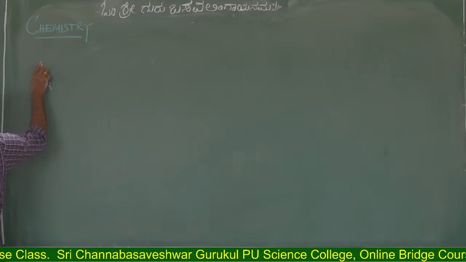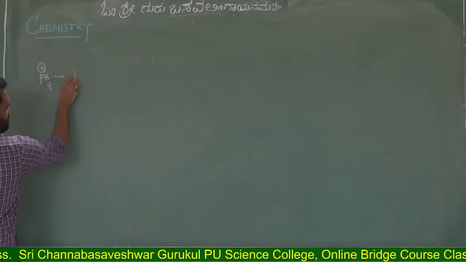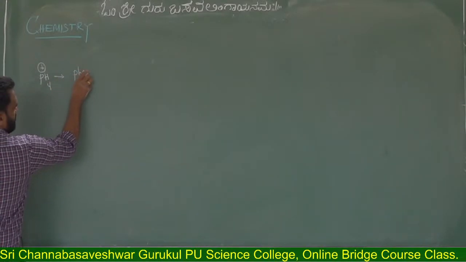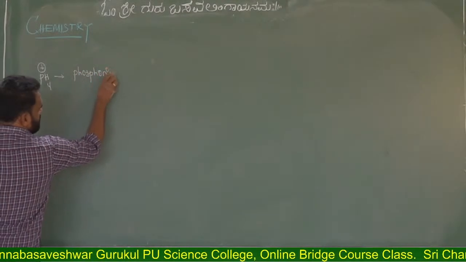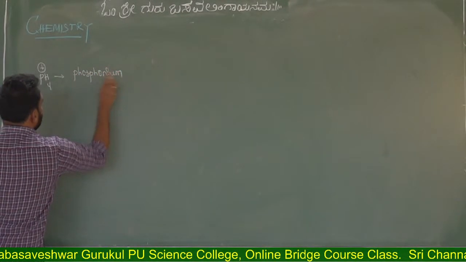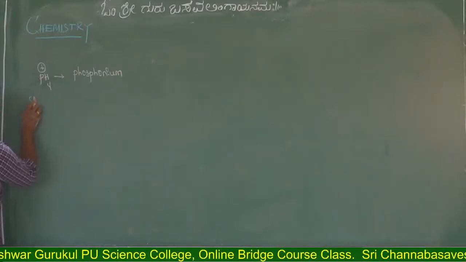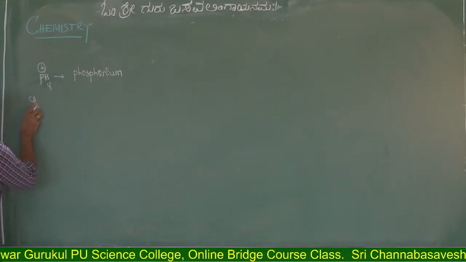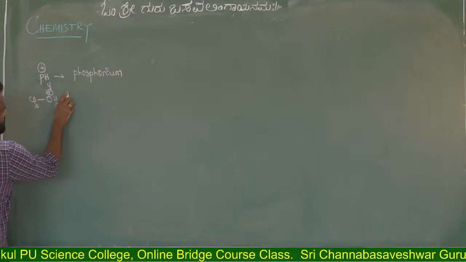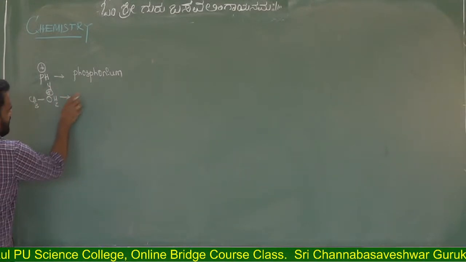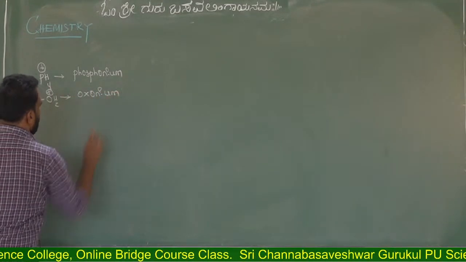Here its name is phosphonium ion. And later I gave the example methyl and OH2, which is said to be the oxonium ion.